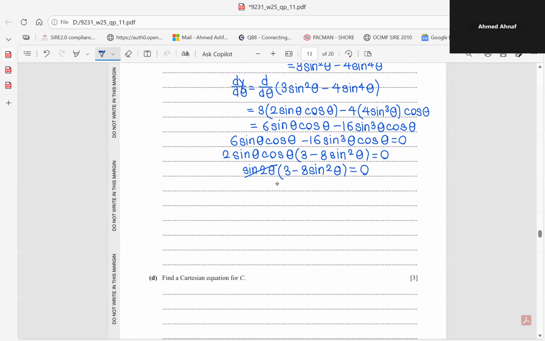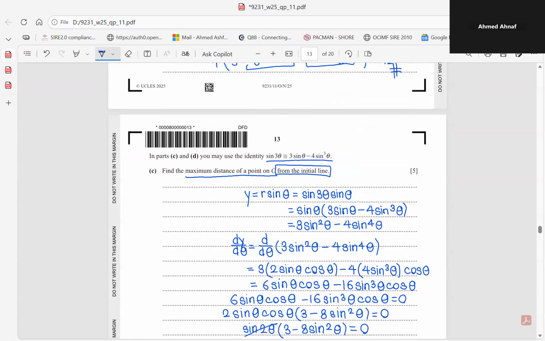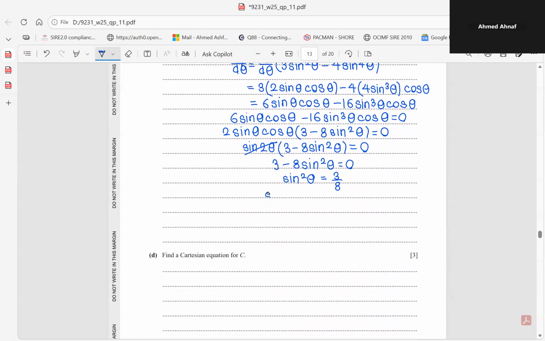And we have 3 minus 8 sine squared theta equals to 0. And we have sine square theta equals to 3 over 8. All right, now we need to take the square root.